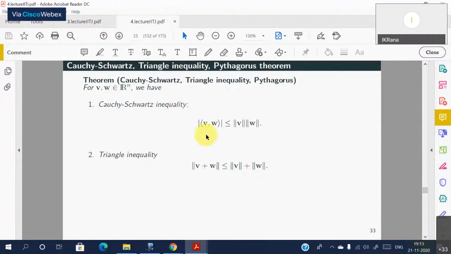The Cauchy-Schwarz inequality says that the dot product has this property. The dot product is written with this special notation because that notation carries over to the general setup also. And then the triangle inequality: the length of u plus v is at most the length of u plus the length of v.